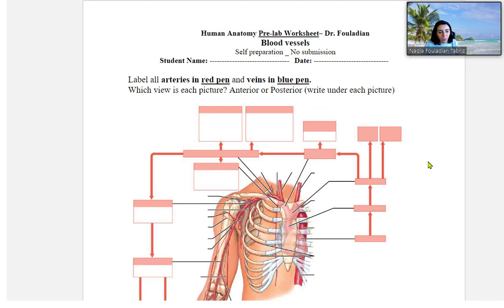I put all the very important blood vessel pictures here, and as you see, it has been a pre-lab worksheet before, but as we are not doing much paper work this semester, I still put it over there. I highly recommend that you go and practice on this sheet to learn the naming of the blood vessels. Make sure that you write down, because you will learn when you are writing, and also say it out loud and pay attention to the locations.